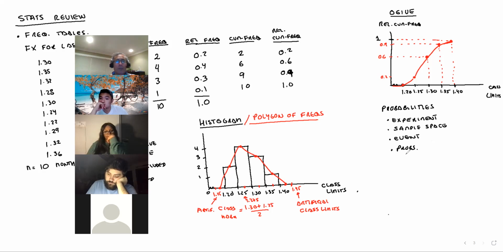Now, probabilities have certain conditions. Imagine I call an event A that belongs to the sample space. Let's call this sample space omega.